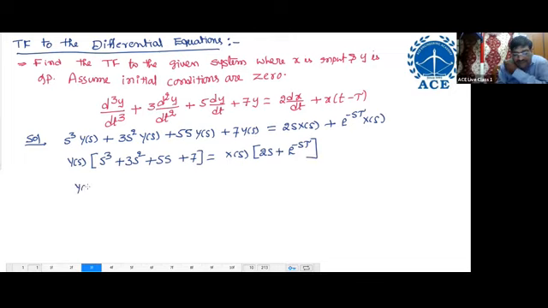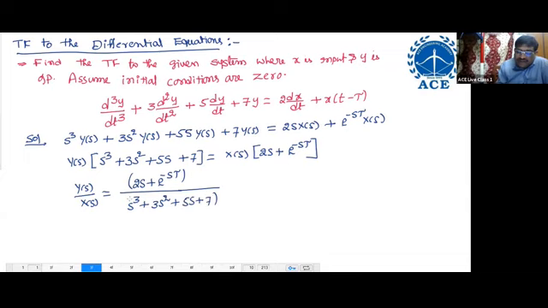Then find y of s by x of s. That equal to 2s plus e power minus s tau divided by s cube plus 3s square plus 5s plus 7. So this is the transfer function.